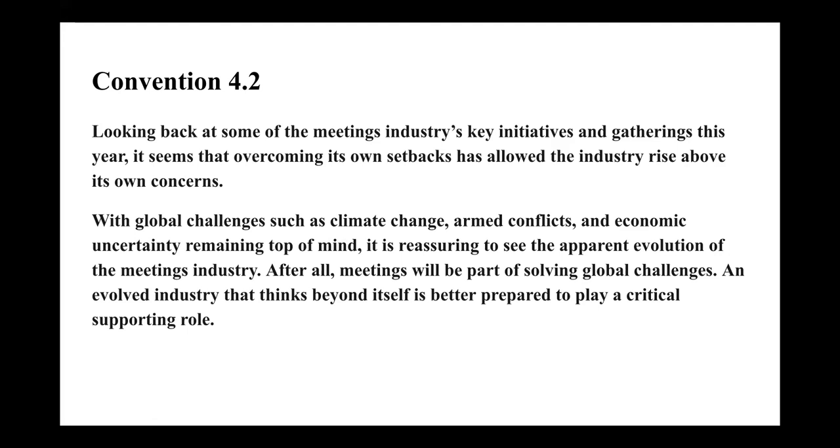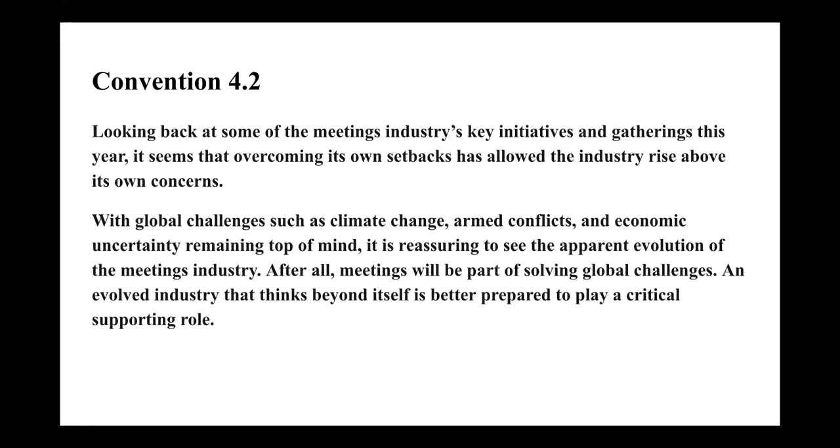So conventions might change or be a bit inconsistent, because we depend on the evolution of the industry from time to time. Also, the meeting will be a part of solving global challenges too.